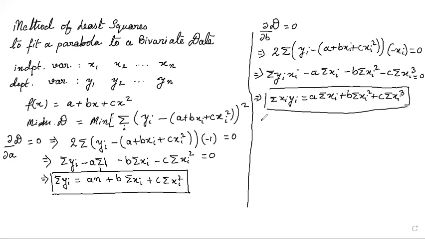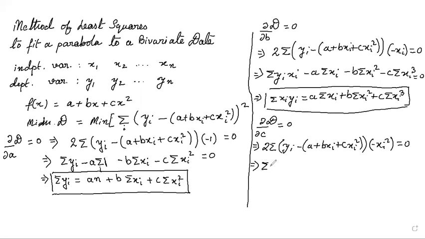Then differentiating with respect to c, del d by del c, equating it to 0, we get twice summation of yi minus (a plus bxi plus cxi square), multiplied by minus xi square, as the coefficient of c is xi square, equated to 0.